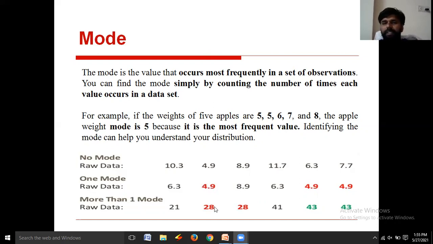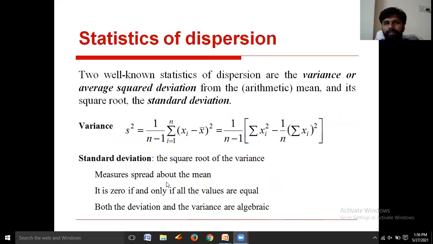Whereas in the third case, 28 appeared 2 times, 43 appeared 2 times in the data set, and the remaining elements 41 and 22 appeared only 1 time. In this case, we are considering more than 1 mode. The modes are 28 and 43 for this data set. Like this, we calculate mode.